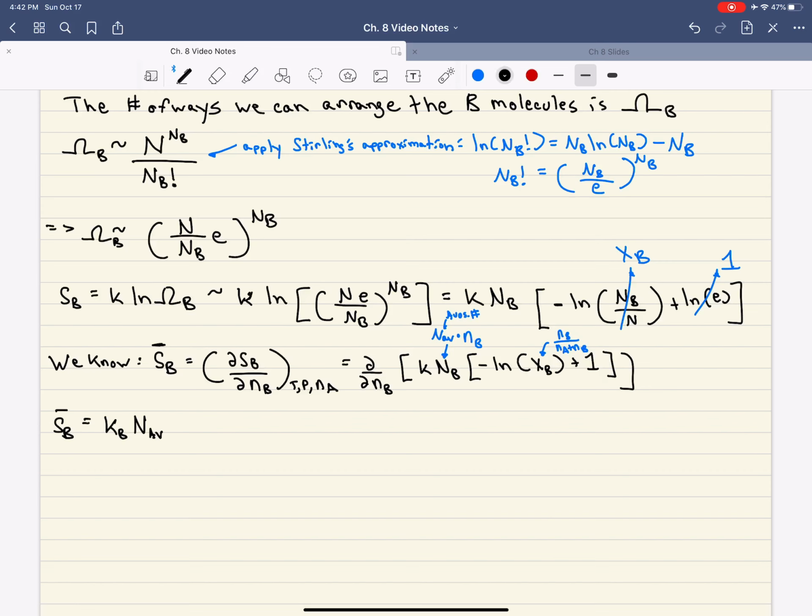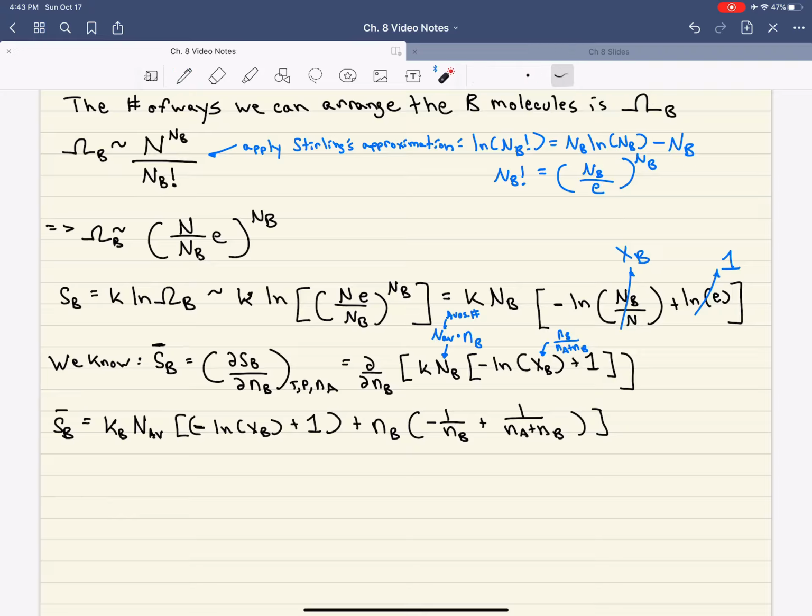Okay? So let's perform the derivative, and here's the result that we get. Minus ln of xb plus 1, and then plus nb minus 1 over nb plus 1 over na plus nb. Okay? If we multiply this by this, we'll end up with negative 1.